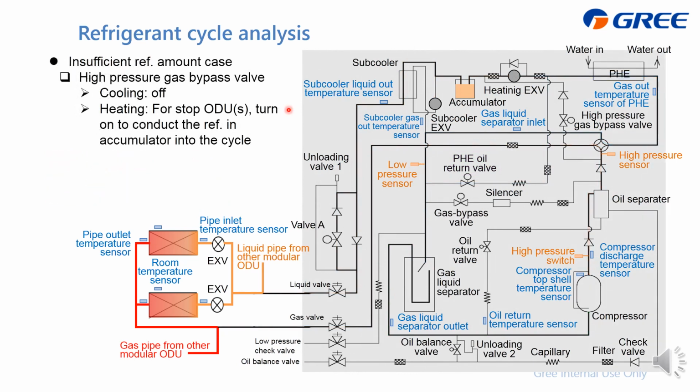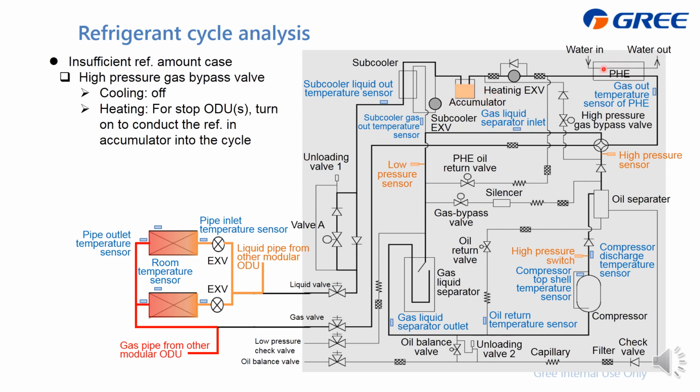And next I'm going to analyze the difference between air cool and water cool. As the water cool applies the preheat exchanger instead of the fin and tube of air cool, it cannot store too much refrigerant inside the outdoor heat exchanger, so we need to create this accumulator for that.